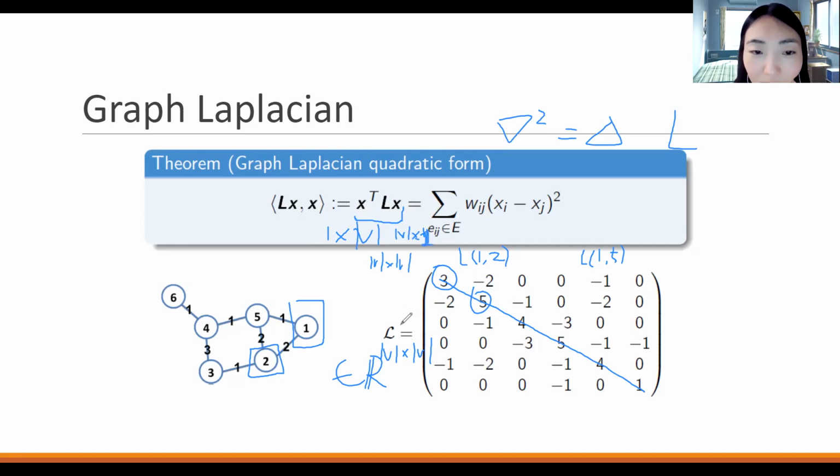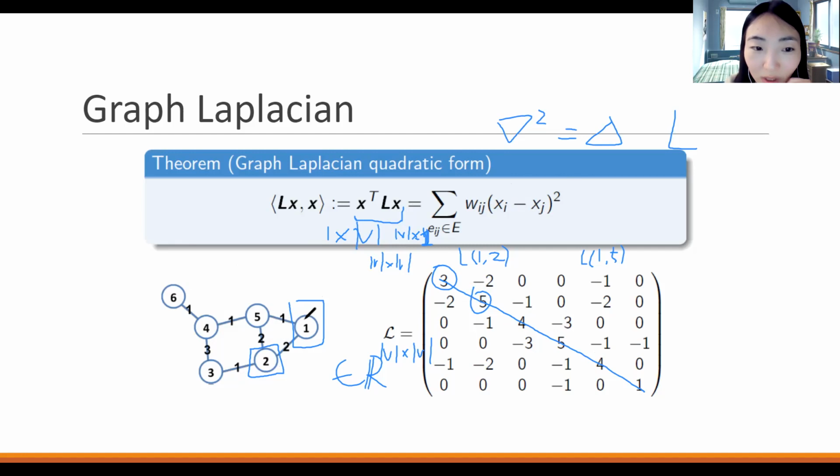So this tells you basically the differences between each node. In the end, you see that there is a (xi minus xj) squared. Basically, it's measuring the square of the difference, weighted by its weight. So this tells you how smooth, or basically how different, this graph is.